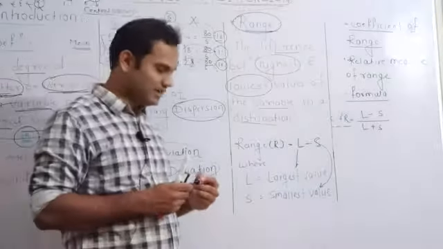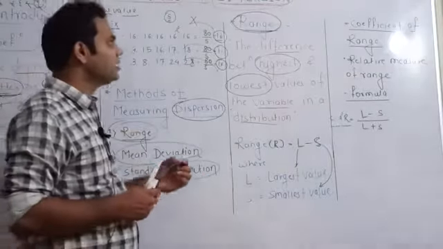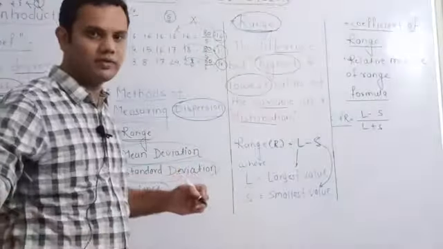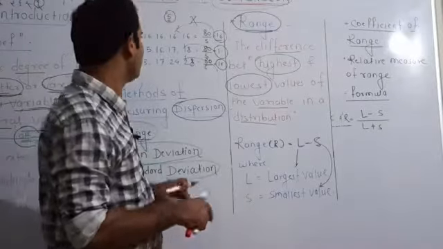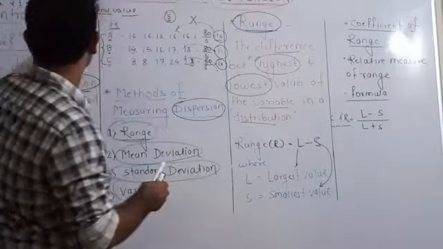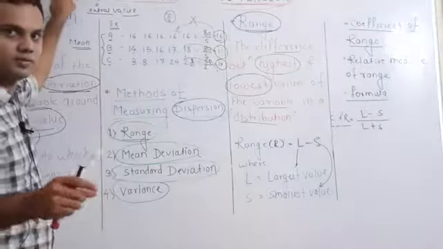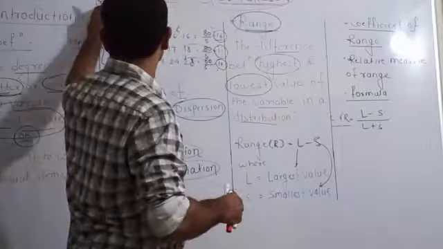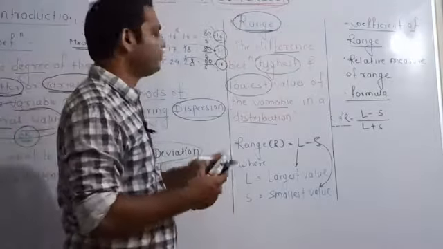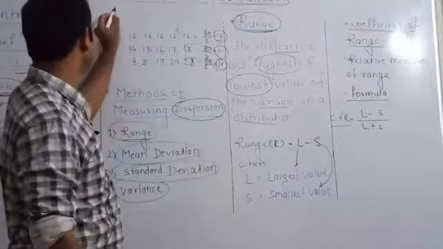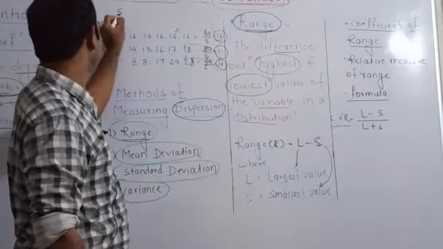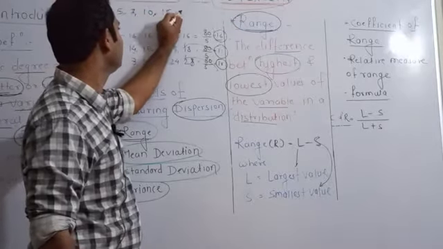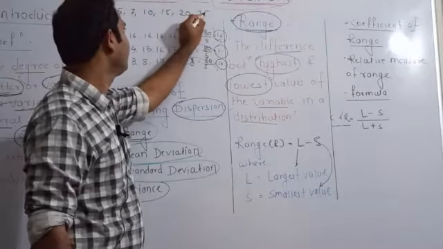Let us take one example by which you can easily learn this. See, if a data set is given like this: 5, 7, 10, 15, 20, 25.